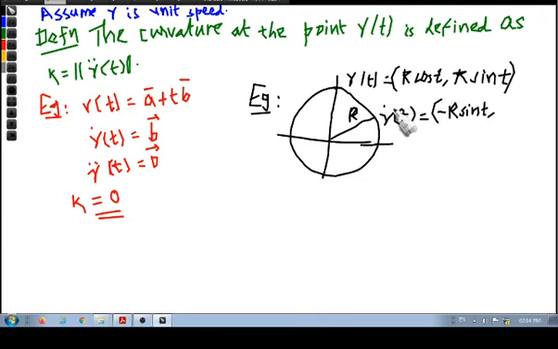Oh, the thing is that this gamma is not unit speed. So let me make this unit speed. So r cos t by r, r sin t by r, this will be a unit speed curve. Is it so?